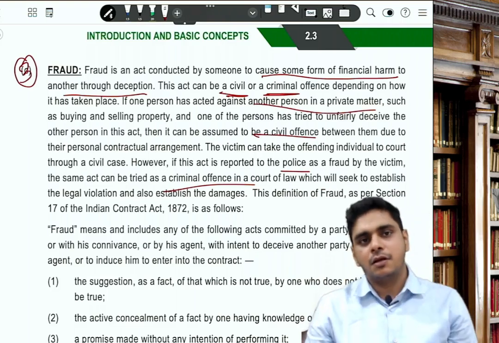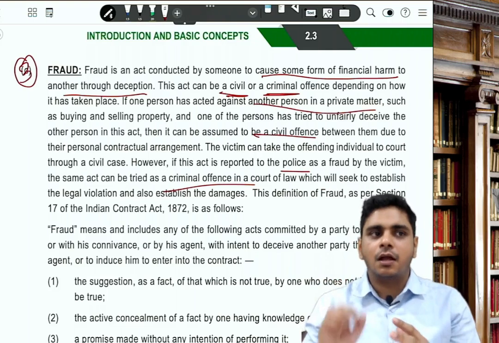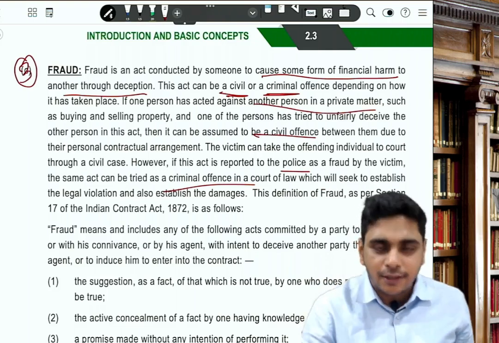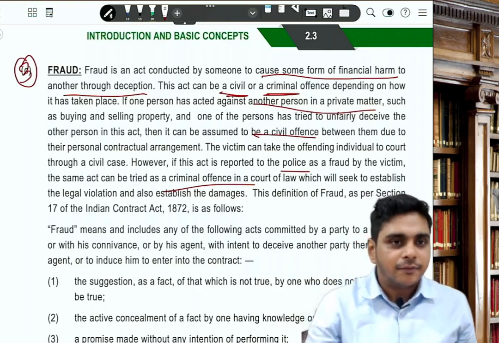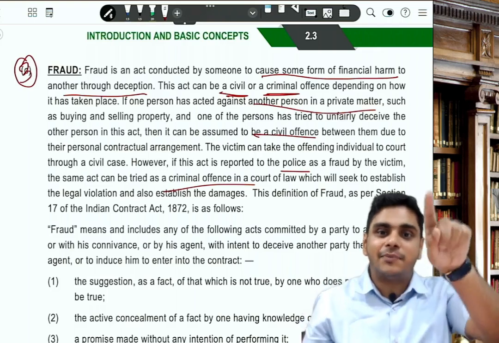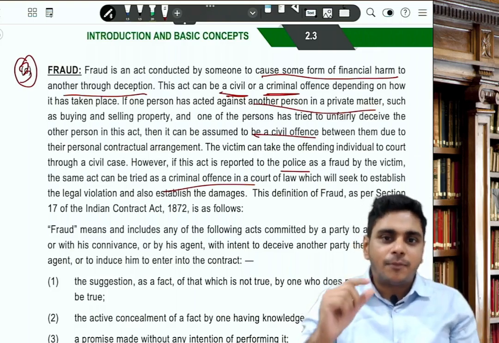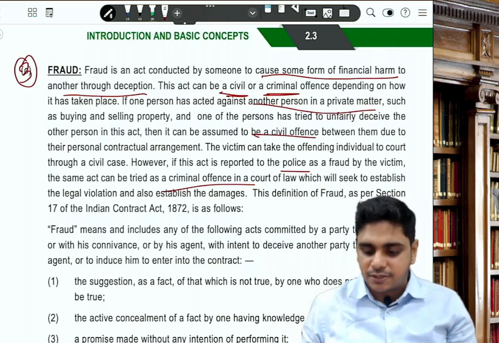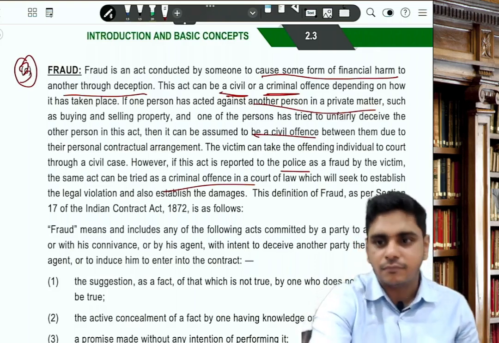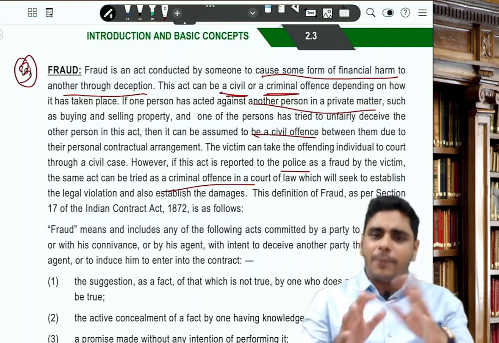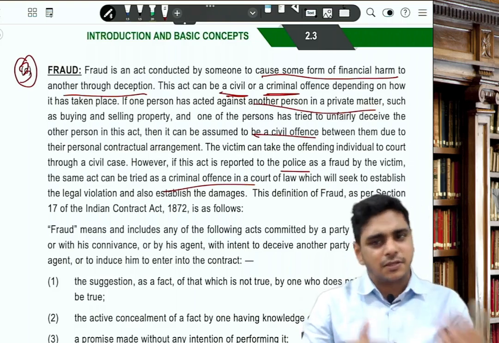Civil act. But if he jumped the signal, banged the scooty, the lady fell and the lady died, that same action now becomes a criminal activity. So depending upon the severity of the offense, it will be judged as civil or criminal.